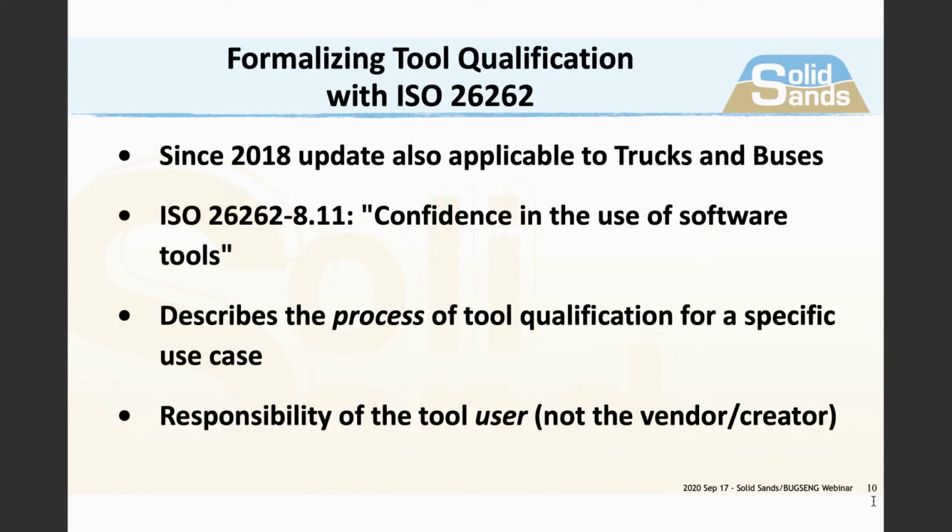Now, this is formalized in one functional safety rule, ISO 26262 for the automotive industry, in the chapter about tool qualification. Other functional safety standards for industry in general, which is applied to robotics, for example, or for the rail industry, have their own functional safety standards, and they usually also have a section for tool qualification.